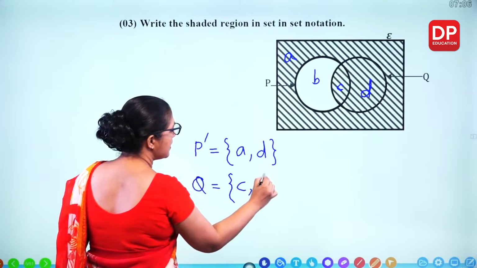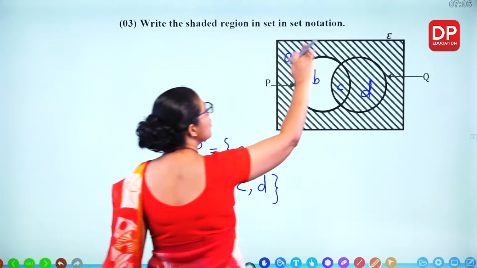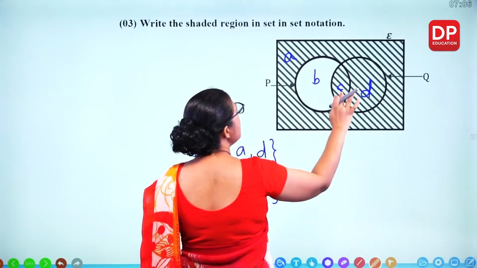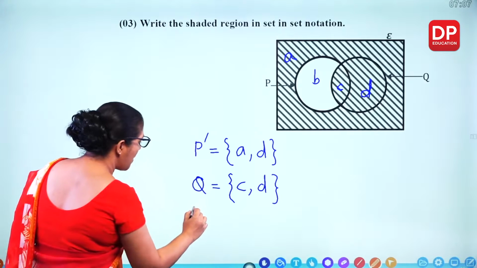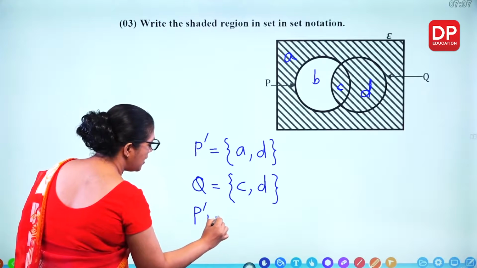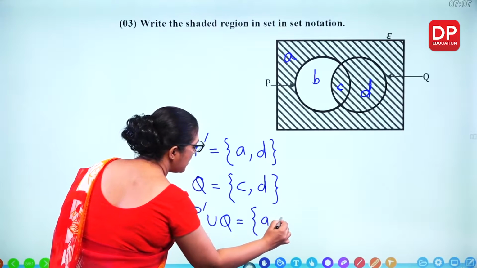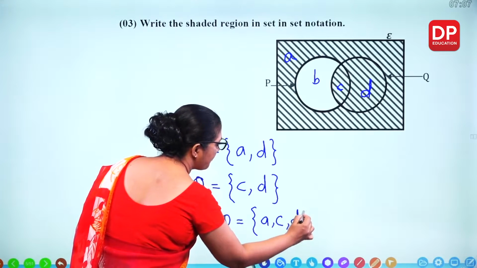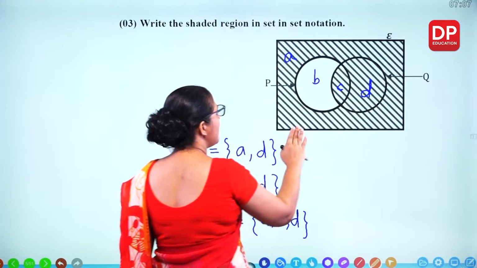That's C and D. Now, in the shaded part, you get A, C, D. So that means you take the union. P dash union Q gives A, C, D. So that's what we need. A, C, D is the shaded part.